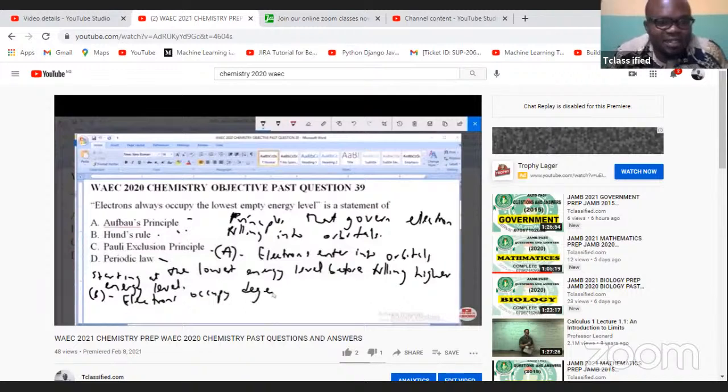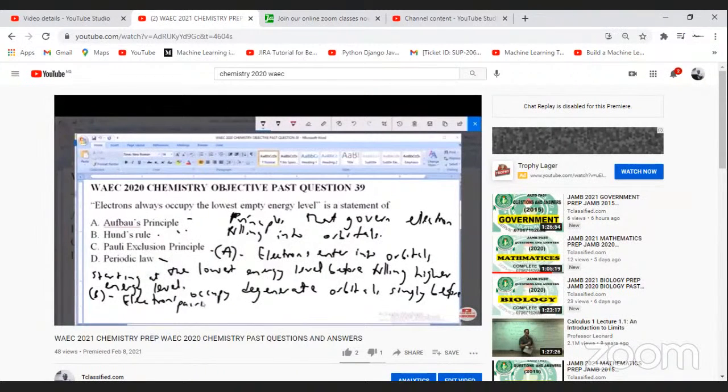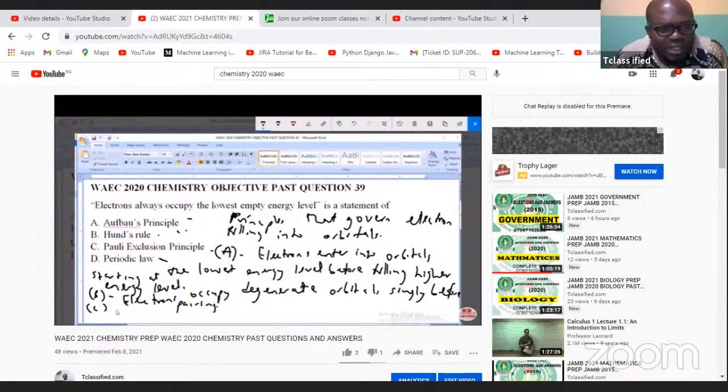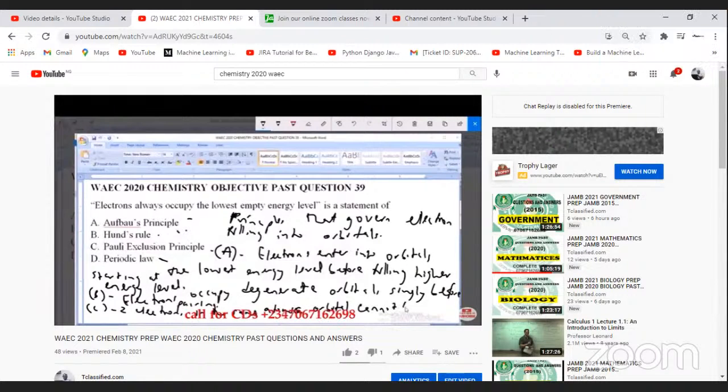Number 39. Electrons always occupy the lowest empty energy level. The statements about the Aufbau principle, Pauli exclusion and Hund's rule.